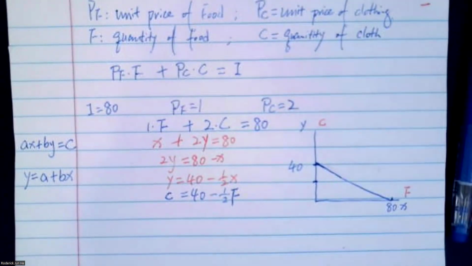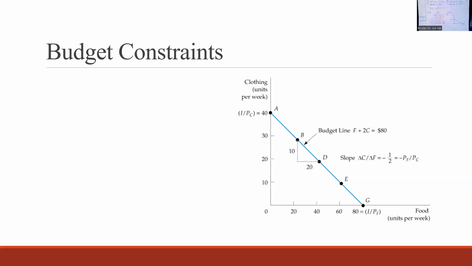Well, if we go to the slides, we rearranged this budget constraint into the slope-intercept format. And here, the y-intercept is I over PC. And let's look at what point A means.